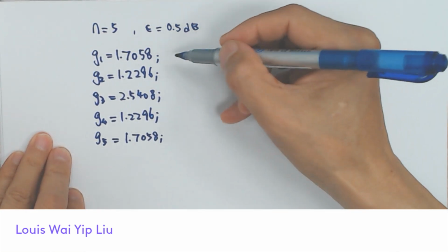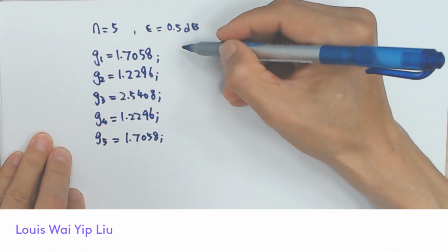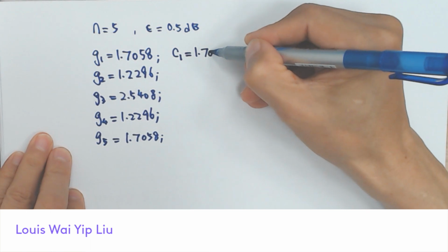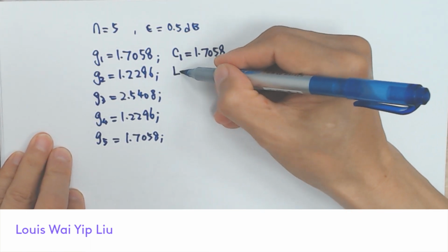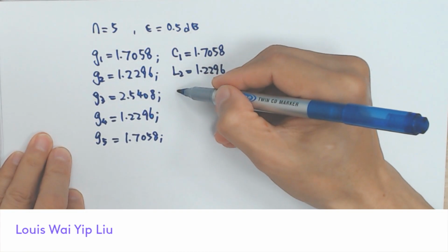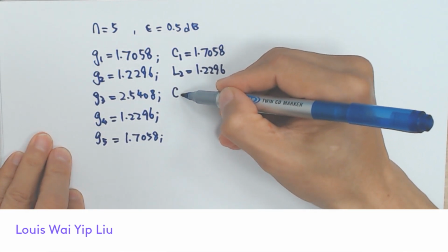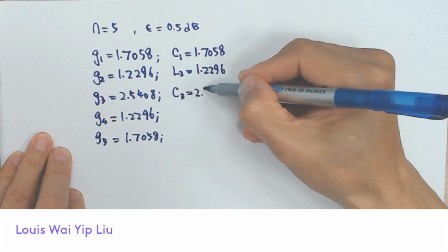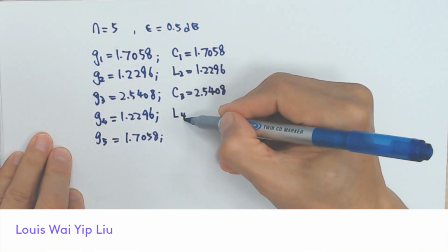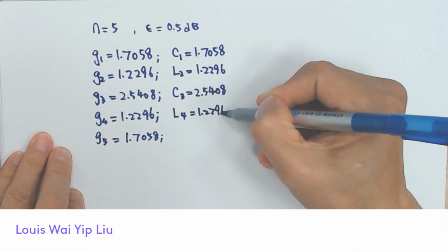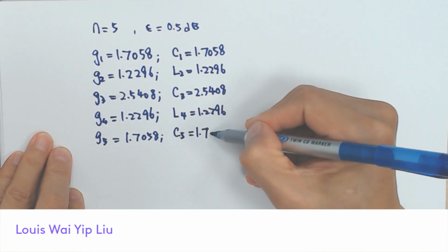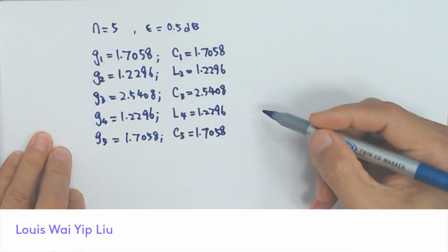And in terms of the lumped element values, we know that C1 is equal to 1.7058, L2 is equal to 1.2296, C3 is equal to 2.5408, L4 is equal to 1.2296, and C5 is going to be 1.7058.